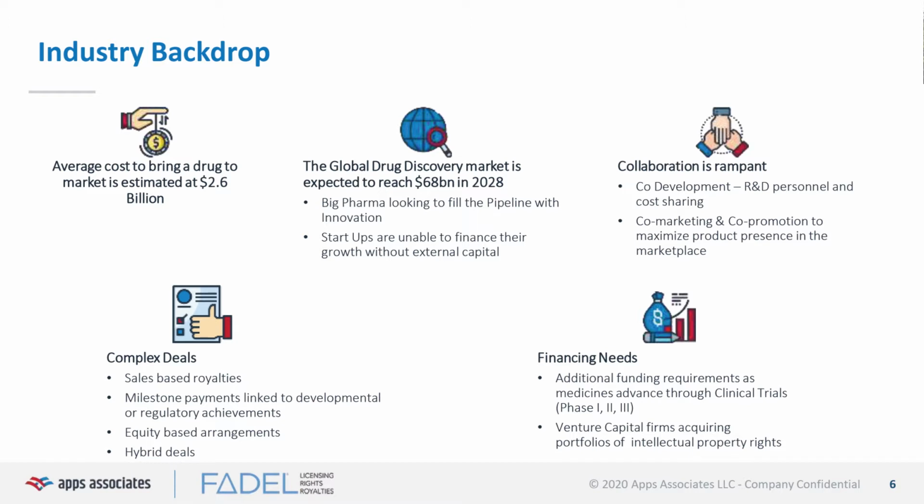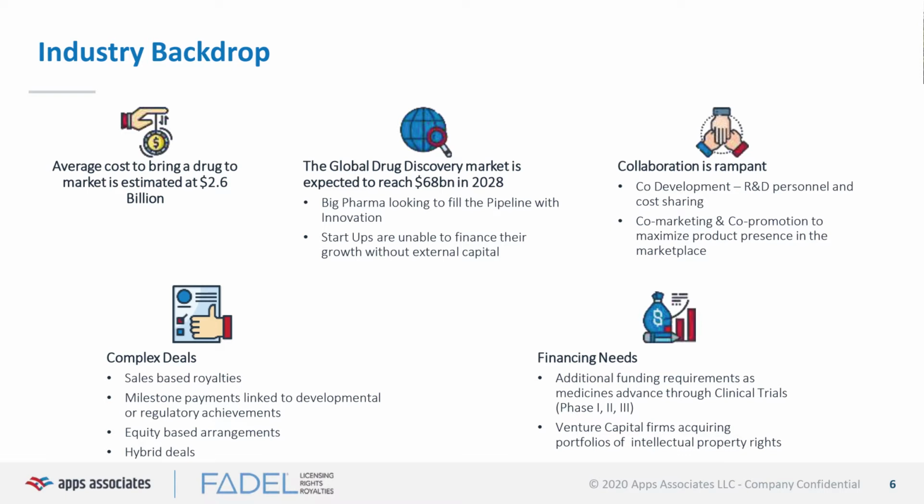Last year alone, there were some 600 deals totaling close to $13 billion, collaborations between large life science companies and small biotech and med device companies. It's for development of the drugs and devices, but also for the marketing and promotion. These companies really need to collaborate quite a bit, and what that involves is some complex deals, really.